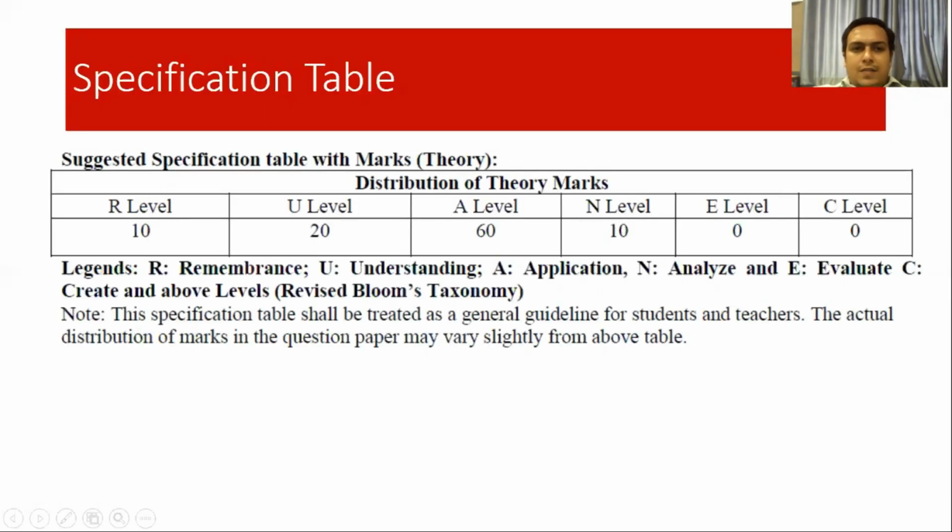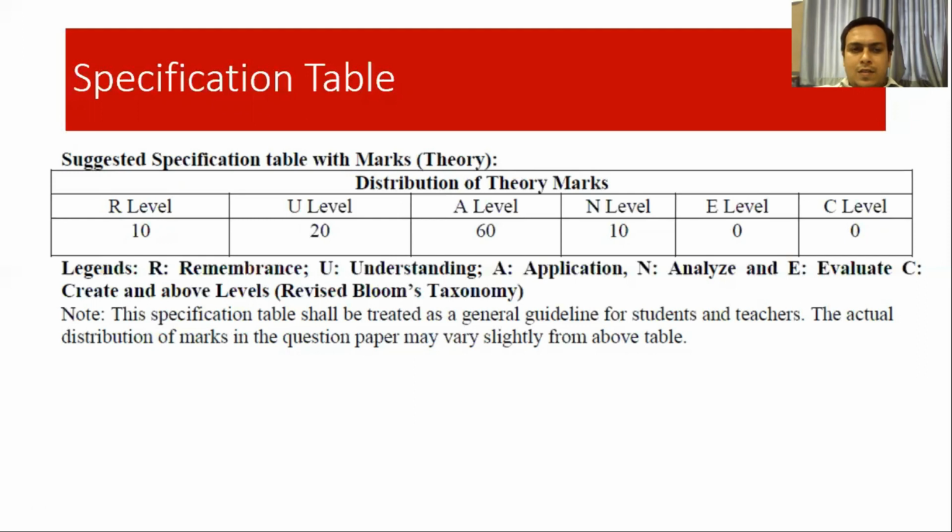Here in this slide, you are observing the specification table for the evaluation of the course, which is given by GTU. The specification table consists of different levels of evaluation according to Bloom's taxonomy.